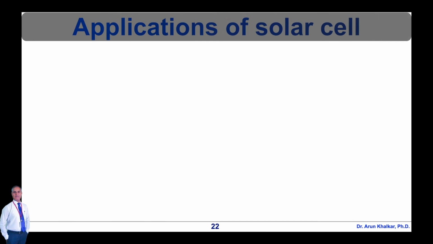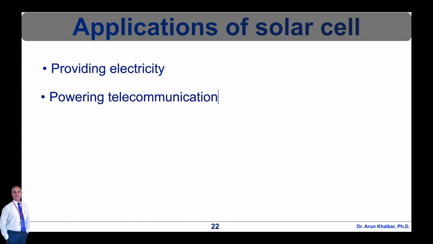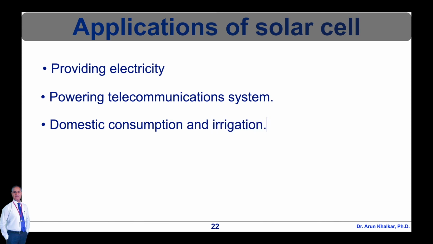Let's see the applications of solar cells. Solar cells are largely used for providing electricity to rural and remote areas where grid installation is difficult. Solar cells are used for powering telecommunication systems in rural and remote areas, such as transmission of signals, radio, TV sets, emergency telephone systems, etc. Solar energy is used extensively to pump water from wells and rivers to villages for domestic consumption and irrigation of crops.